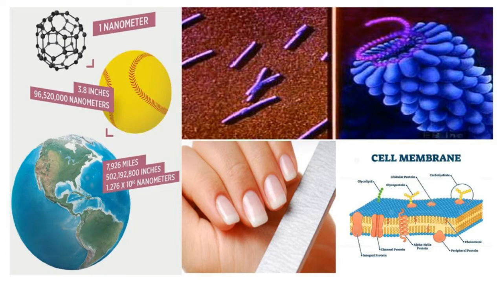A nanometer and a meter can be understood as the same size difference as between a golf ball and the earth. Our nails grow 1 nanometer each second.